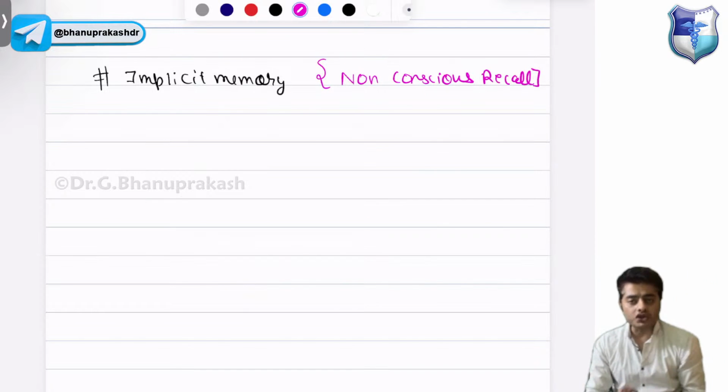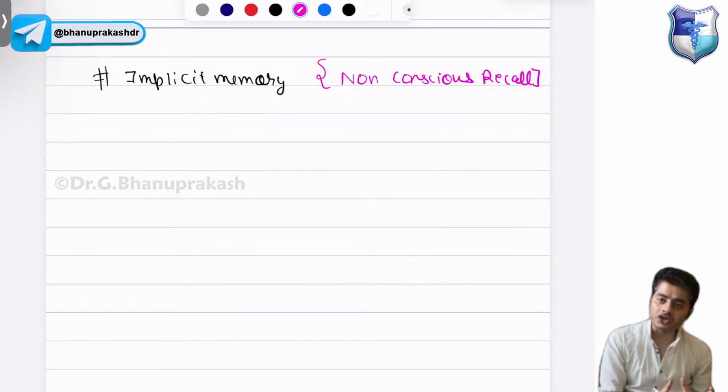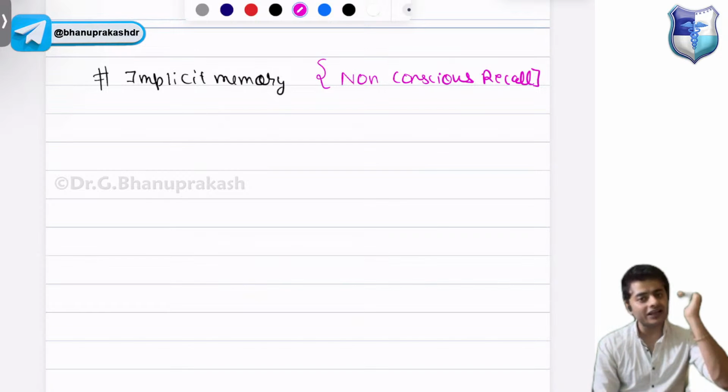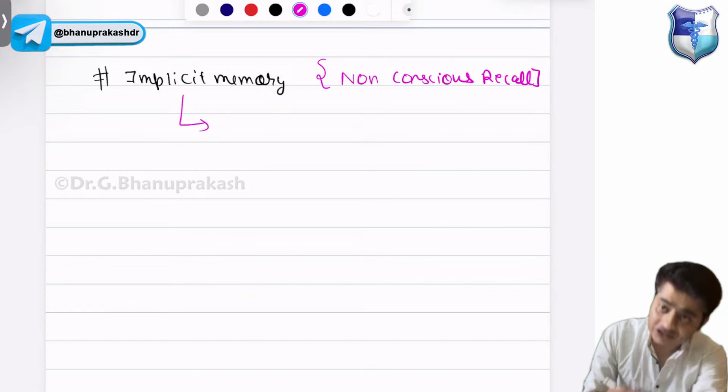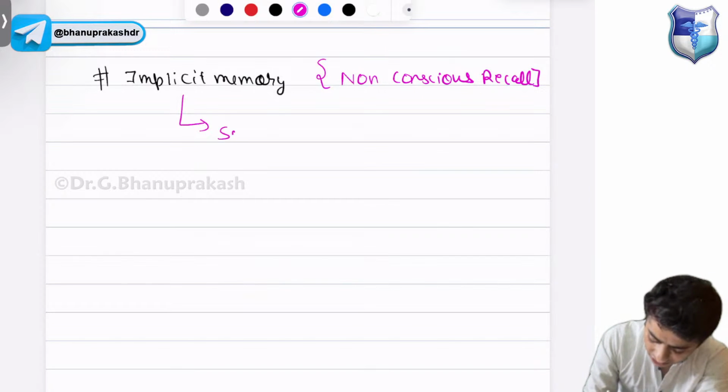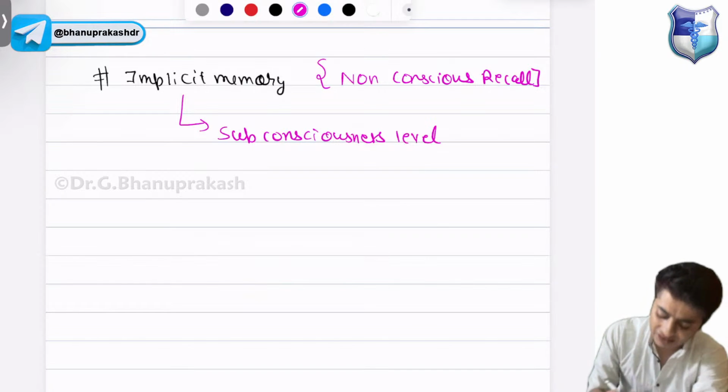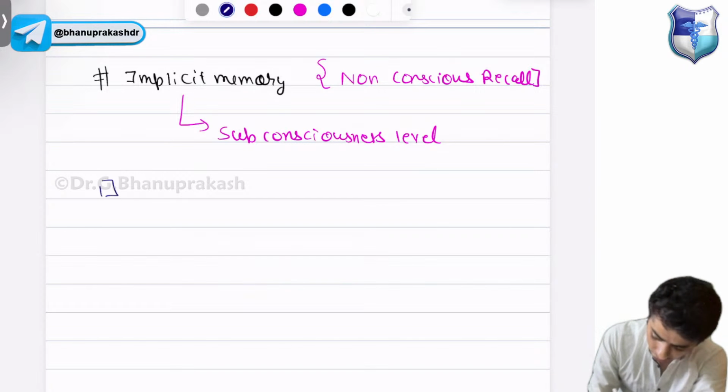Where is your consciousness? Your consciousness is in your cerebral cortex. But now you are not thinking in a conscious way. It is done at a subconscious level.